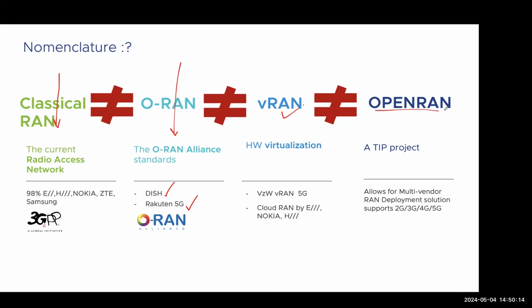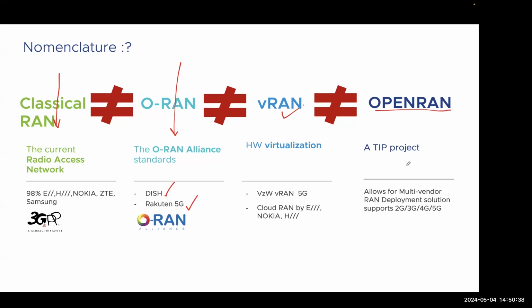Then Open RAN like this was part of a stream project in TIP, the Telecom Infra Project, to have multiple openness and a certain interface point, especially on the fronthaul. Actually, it was virtualized, so it was VNFs for 2G, 3G, and to some extent 5G.